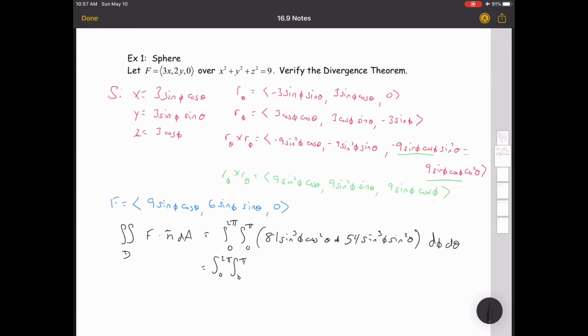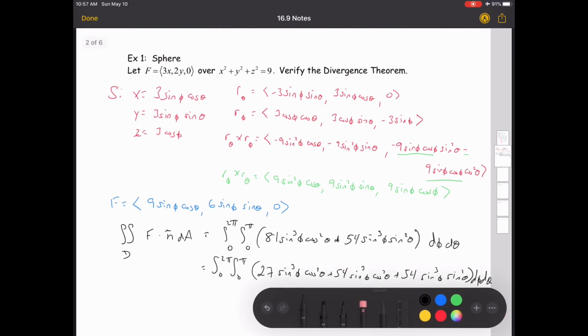I'm going to change that 81 sine cubed cosine squared, however, to be a 27 sine cubed phi cosine squared theta plus 54 sine cubed phi cosine squared theta. And then don't forget we still have a 54 sine cubed phi sine squared theta d phi d theta.